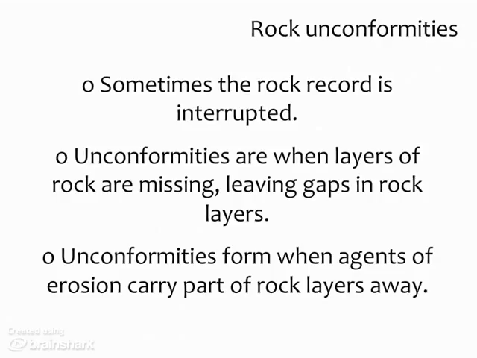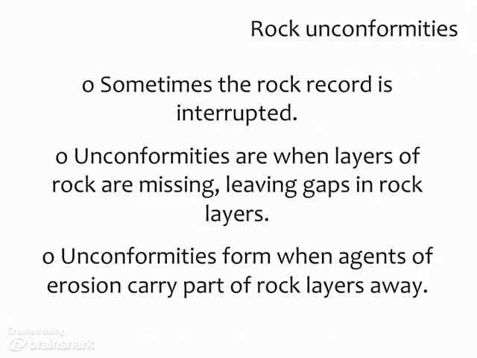Now, of course, as in science, there's always going to be something that changes it up a little bit. We don't always have such nice rock layers as we saw in the pictures before. Sometimes there are things called rock unconformities, where the rock record is interrupted. An unconformity is when the layer or layers of rock are missing, which leaves gaps in the rock layers.